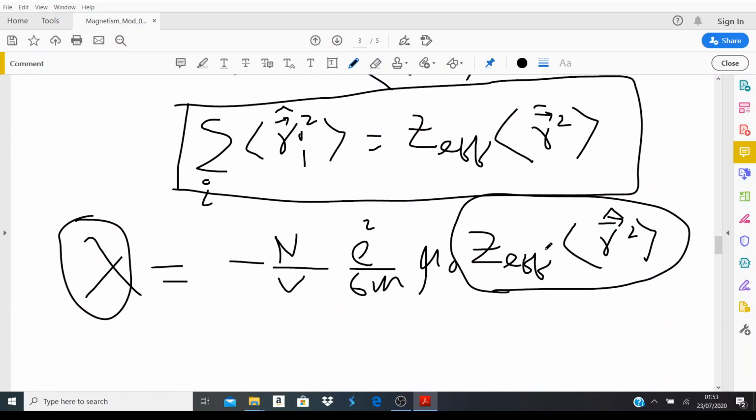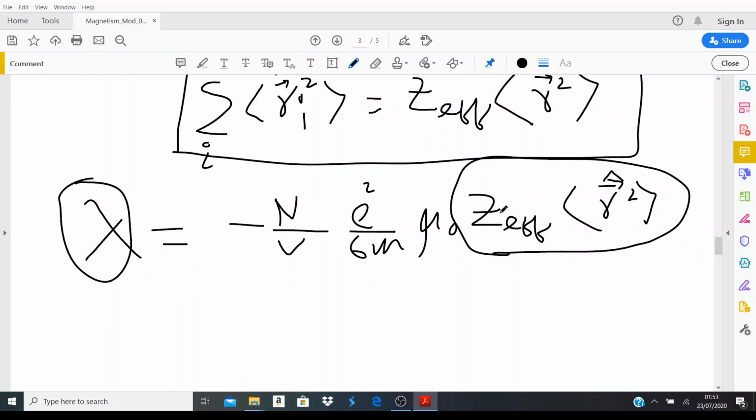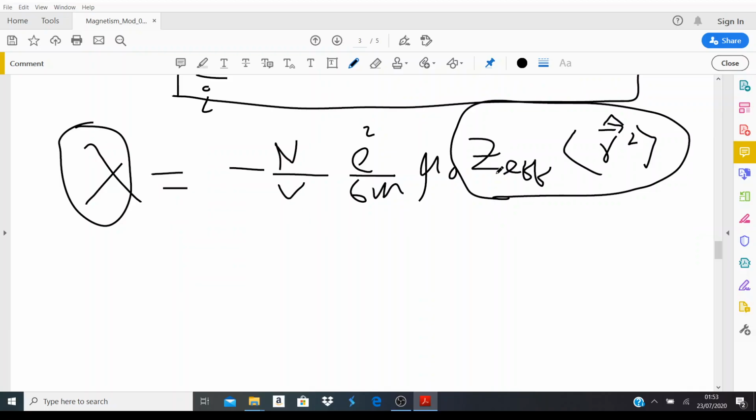And usually if you look in the standard textbook, sometimes people quote this value of the diamagnetism in a molar system. So for one mole of the object, you need to replace the number of ions by the Avogadro constant. You need to understand how many atoms you have in one mole. That's the Avogadro's number.